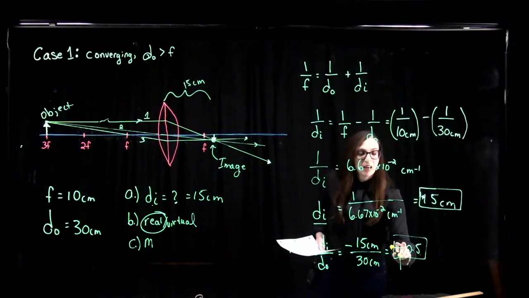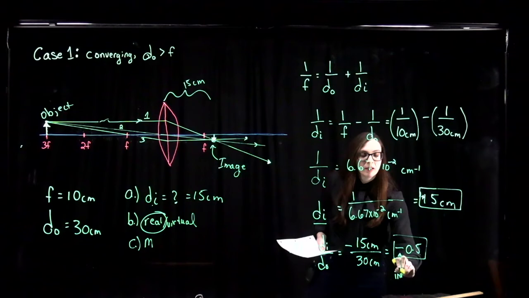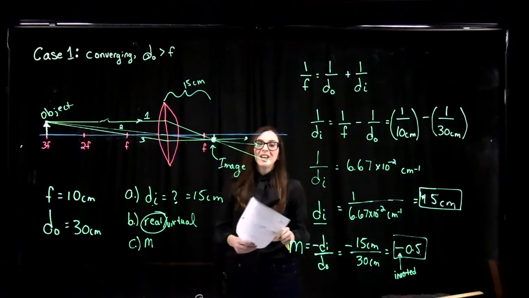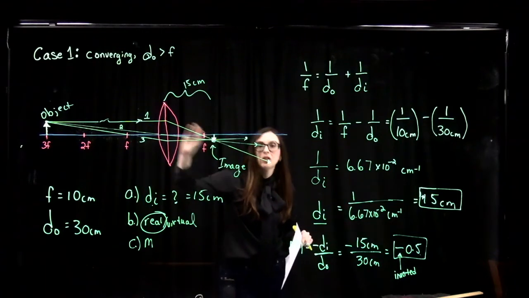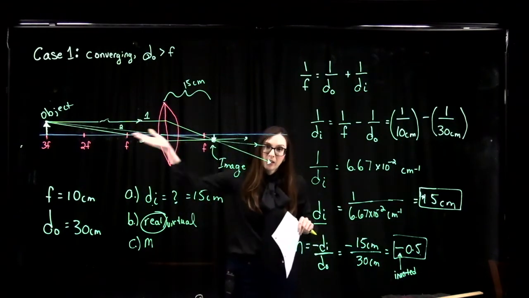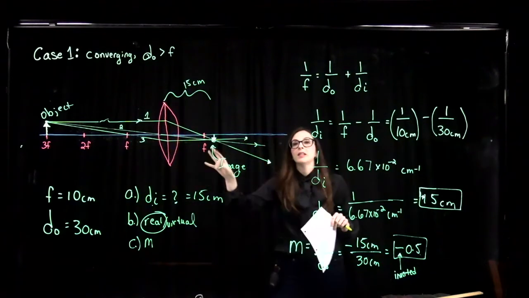The minus sign means that it's inverted, that our image is upside down. And the 0.5 means that our image is actually half as large as our object. So our image actually gets smaller when the light gets refracted through this lens.